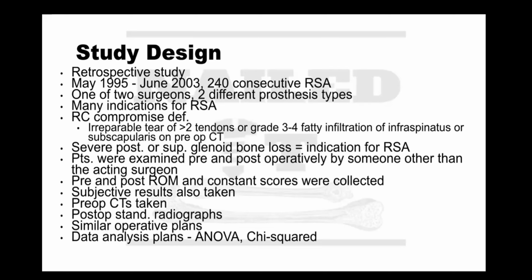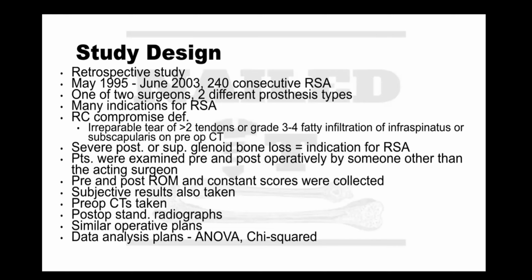The patients were then examined pre- and post-operatively by someone other than the acting surgeon, and pre- and post-operative range of motion and Constant scores were collected. They also utilized subjective results looking at how satisfied the patients were with the outcomes of their surgery, ranging from very satisfied to uncertain and disappointed.